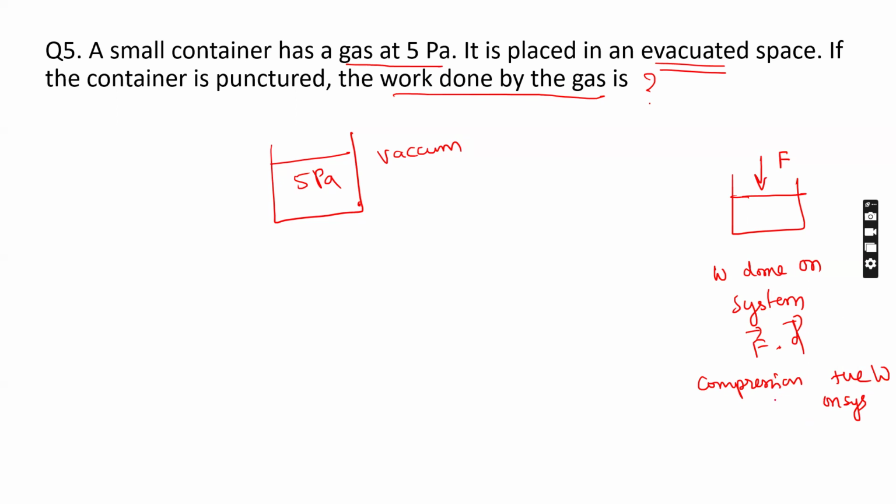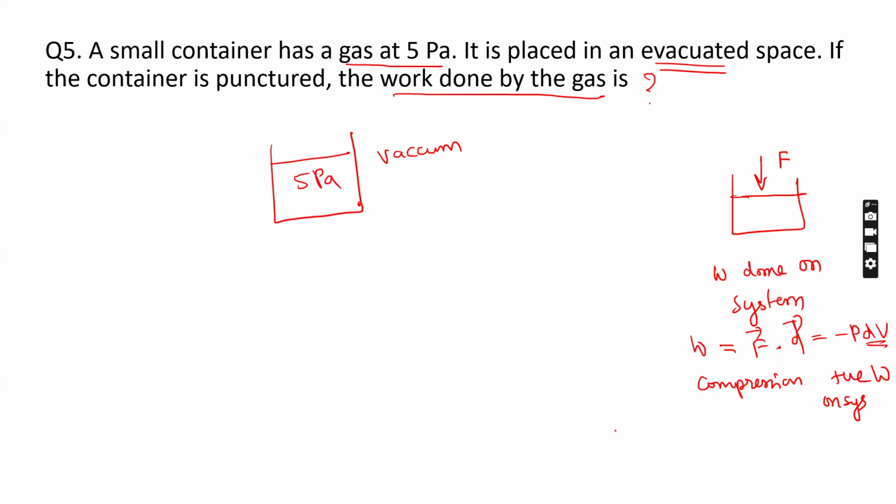This is also expressed as minus PdV. This minus is because when compression happens, the dV is negative. That's why this minus is used to make the sign convention agree.